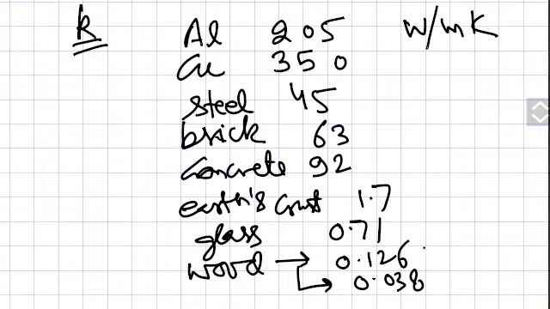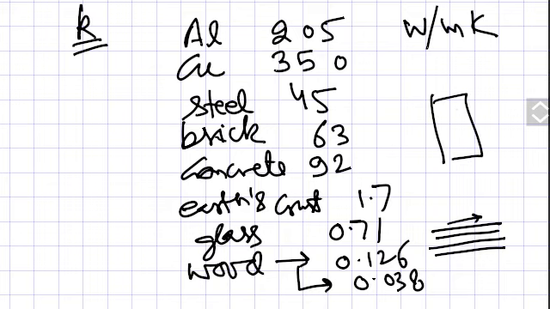And why are there two conductivities? Because in wood you will see that there are grains. If you put the wood like this and heat here, then the conductivity will be this. But if you put the wood like this and heat here, then the conductivity is much less than if you put the orientation of the wood this way.